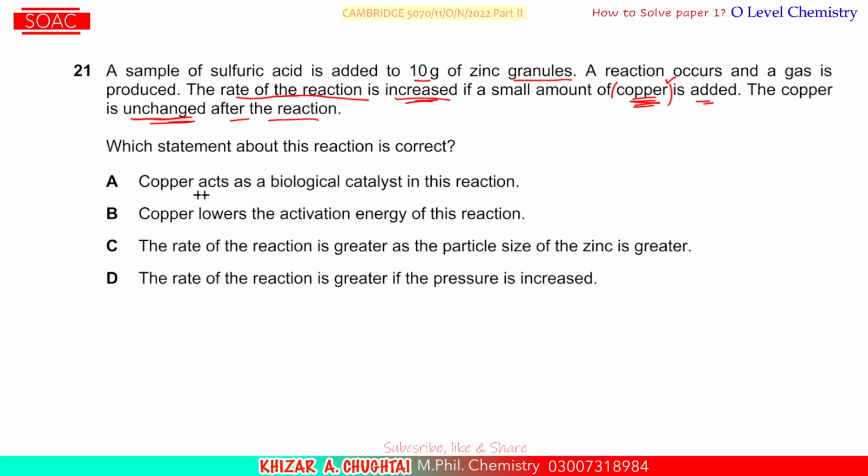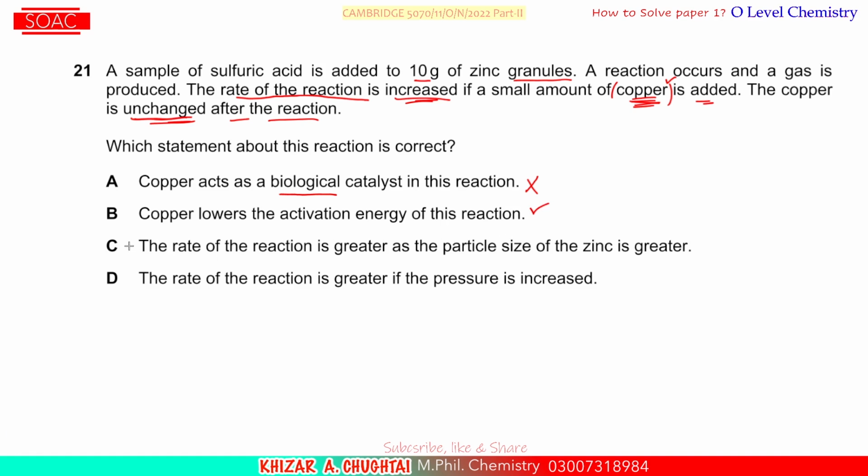Option A, copper acts as a biological catalyst in this reaction. No, it's not a biological catalyst, it's not an enzyme. So the first option is wrong. Option B, copper lowers the energy of activation of this reaction. Yes, it is true. That is the basic function of a catalyst.